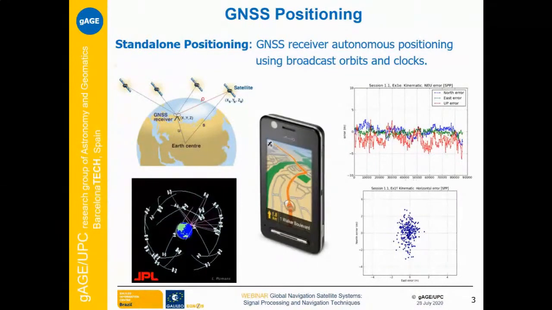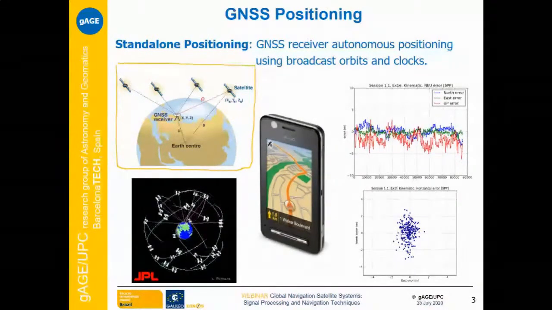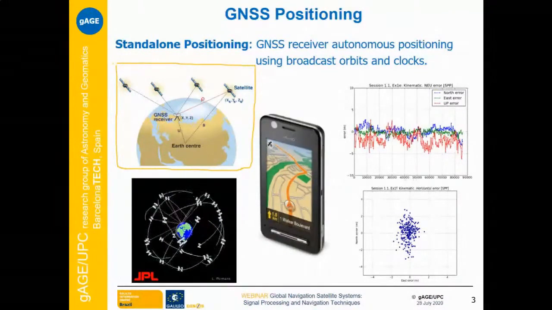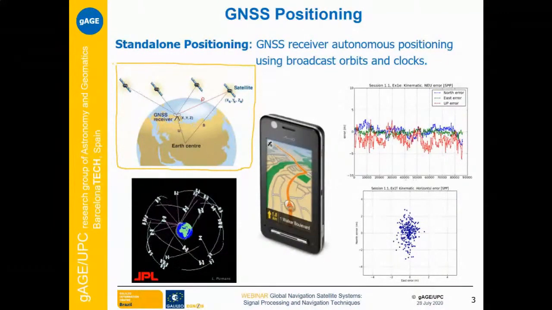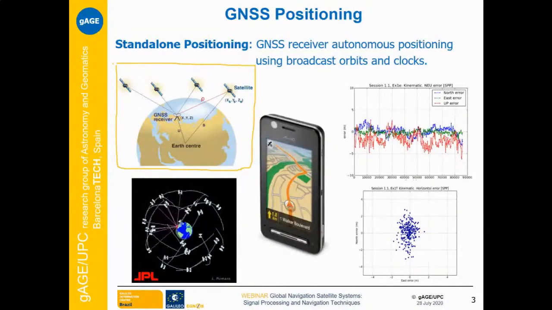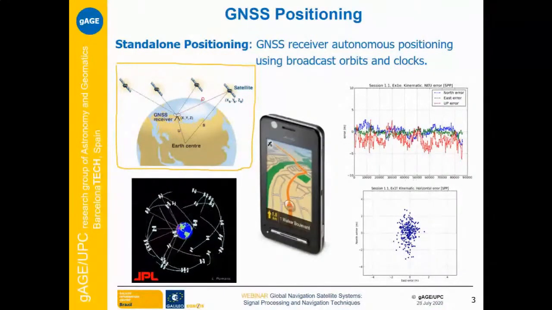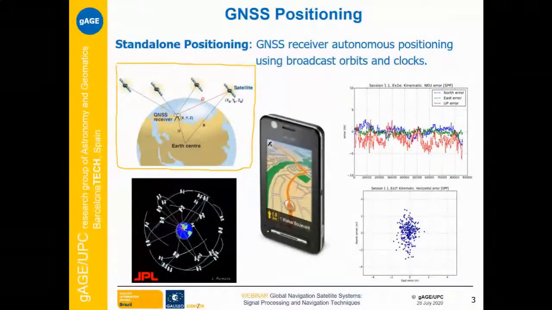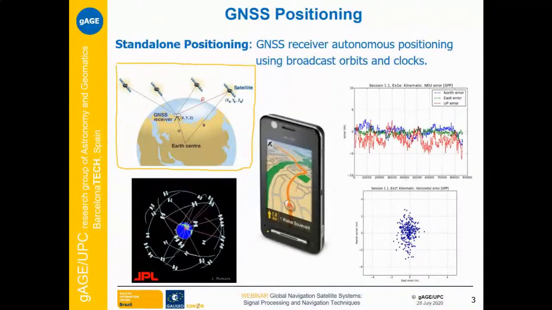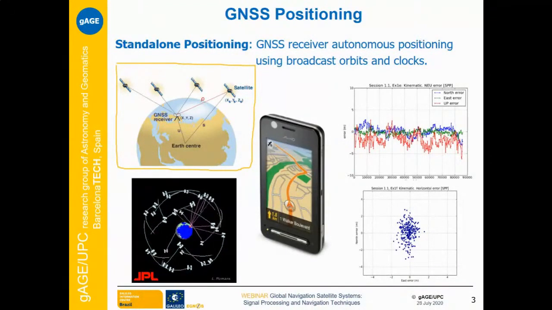We have an illustration of what we mean. Here we have 4 satellites that are broadcasting measurements, orbits, and clocks, and the user, the receiver, is computing the position. This is what we can achieve in any handheld device, like a smartphone, a car navigator, and so on.